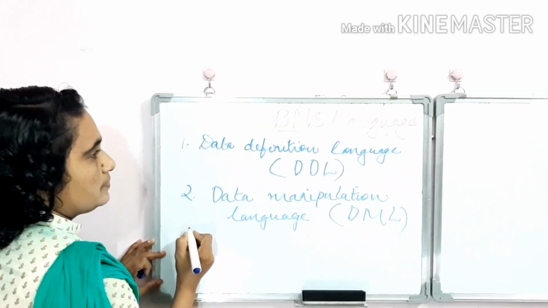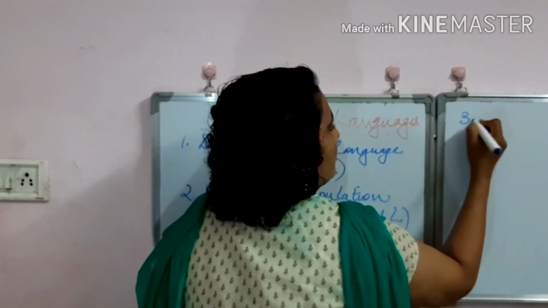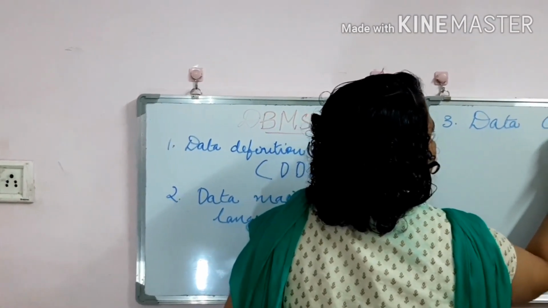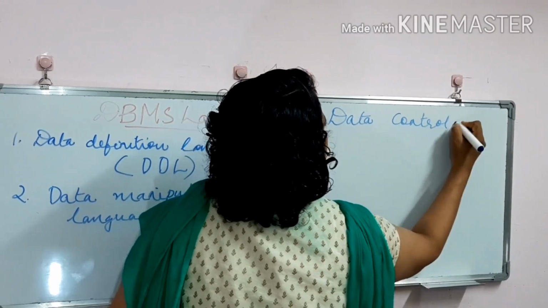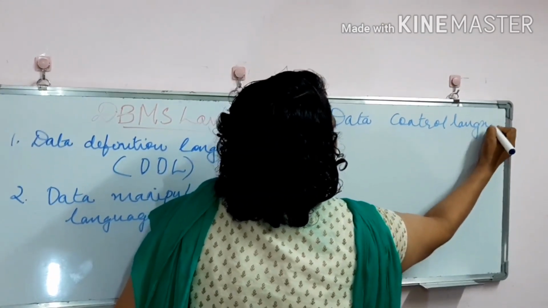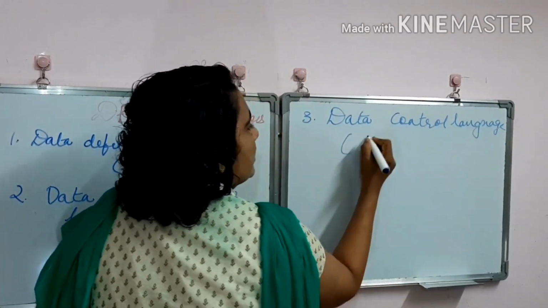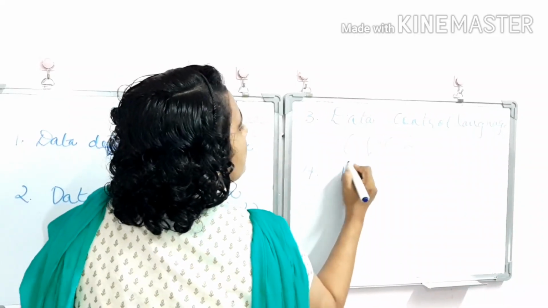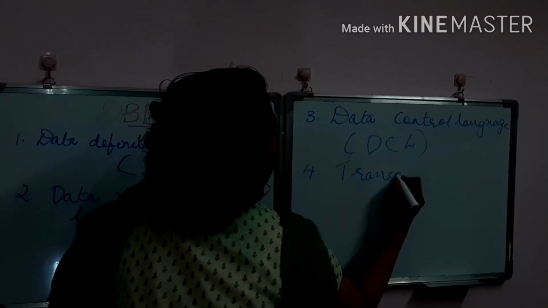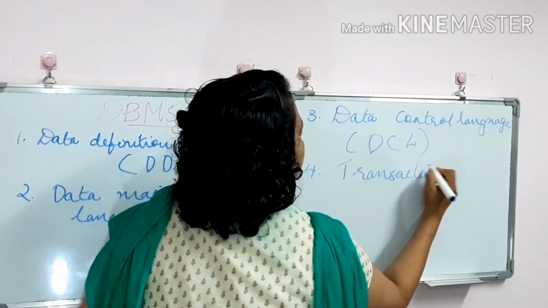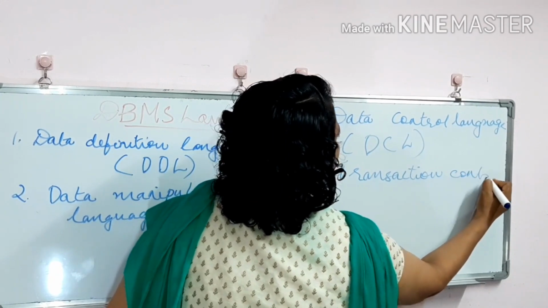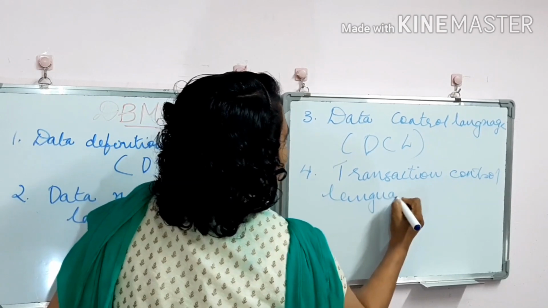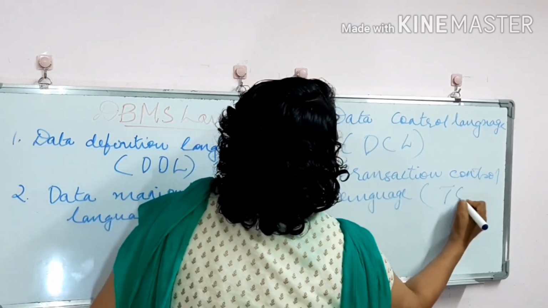And the third one, data control language, DCL. And the fourth one is transaction control language, TCL.